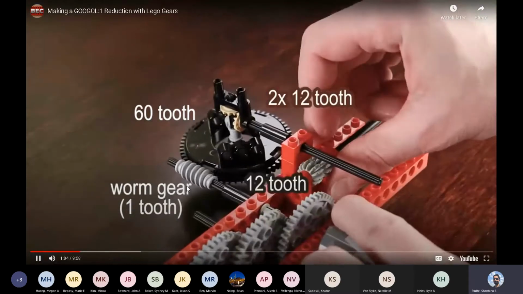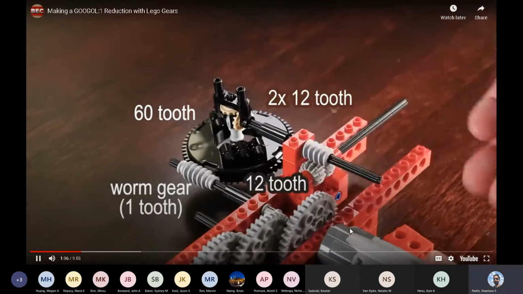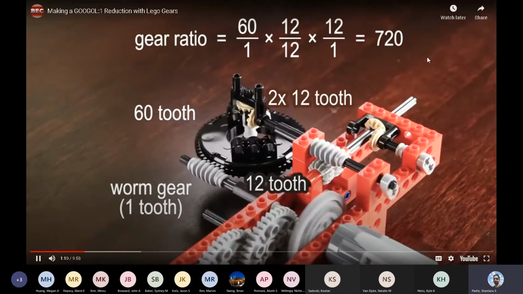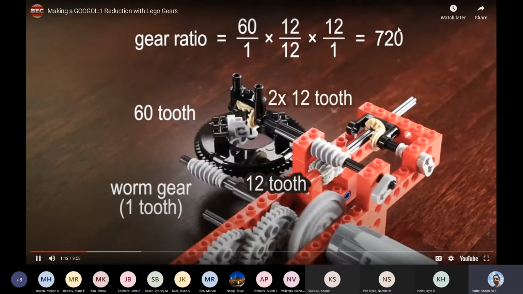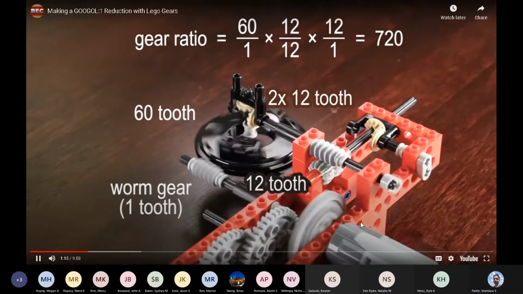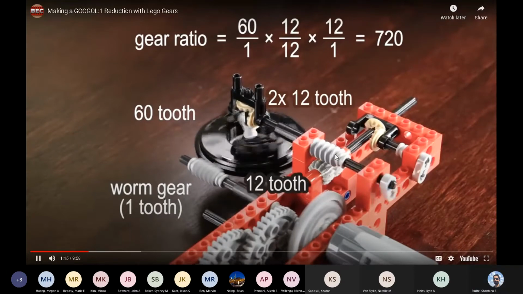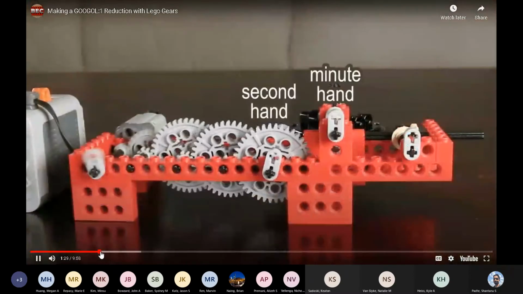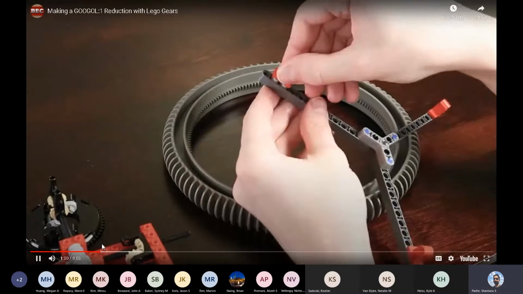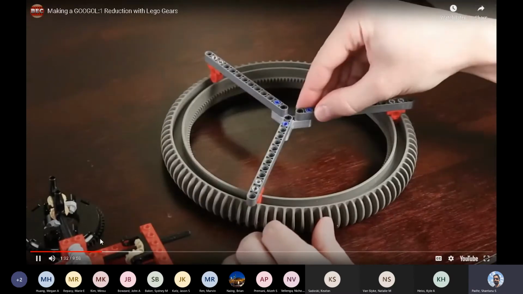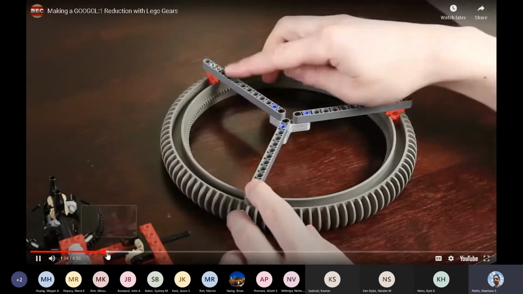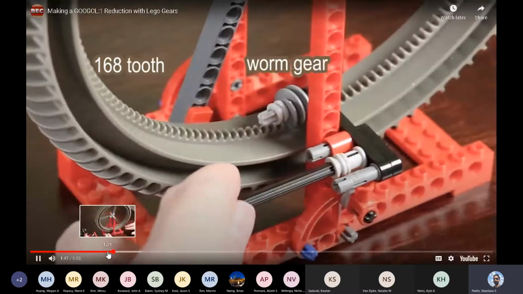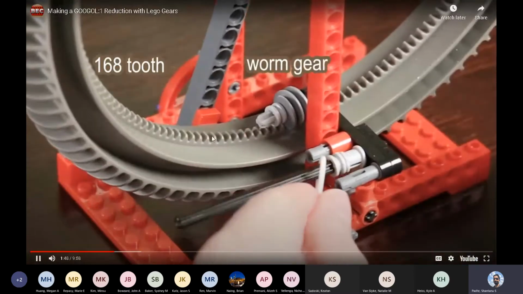Okay, this is a worm gear. Now we're obtaining a gear ratio of 720. I believe this is a planetary gear. Oh, no, okay, it's not a planetary gear, but it shows you an internal gear.